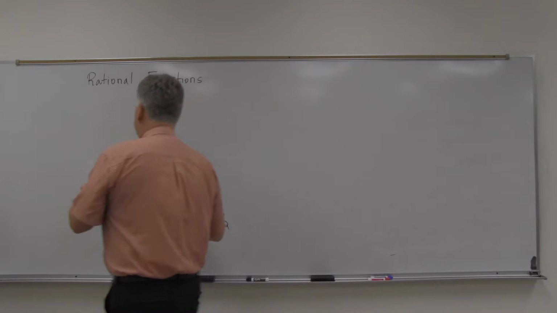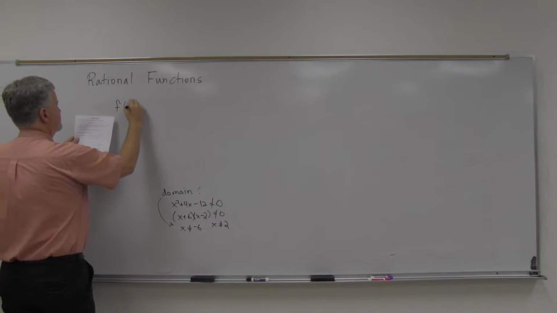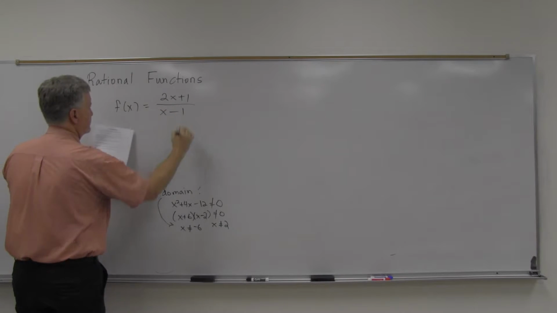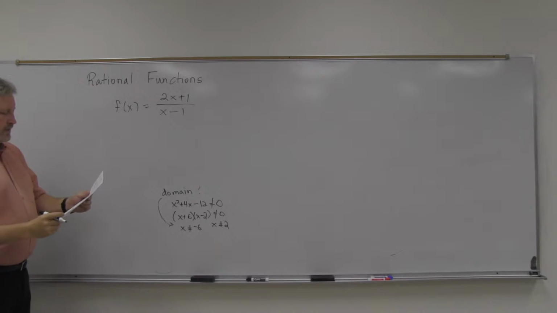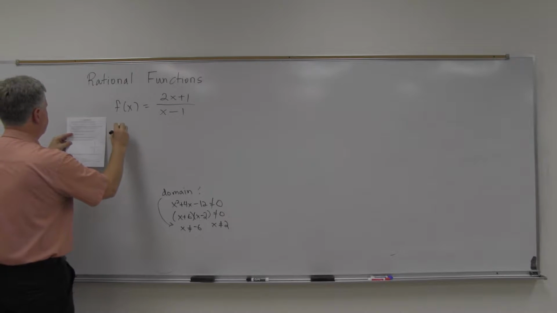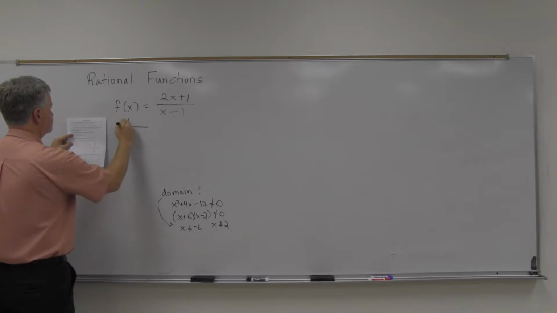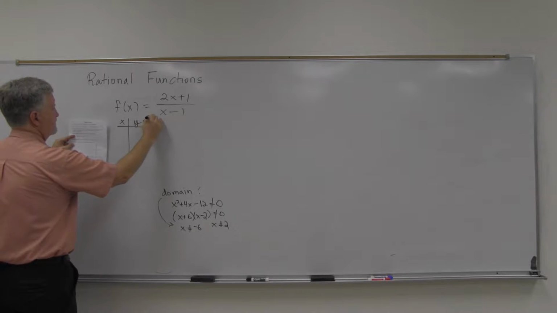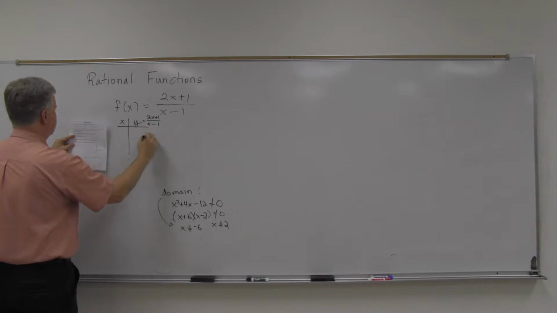So the first one we're going to look at is f of x equals 2x plus 1 divided by x minus 1 here on the handout. All right, so let's just start by doing something we know, plotting points. So the y value is just going to be the 2x plus 1 divided by x minus 1.